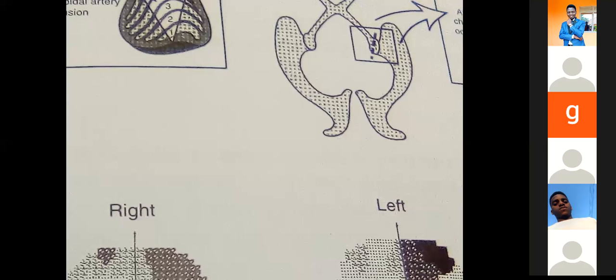Whereas for chiasmal lesion, because all of them are nasal fibers, you're going to see temporal field defects. So for the right eye, you're going to see the defect on the other side, and for the left eye, you're also going to see the defect on the other side. So they are all bitemporal hemianopia. That is typical, and it is also called heteronymous hemianopia. They are hetero because they are on the opposite side.